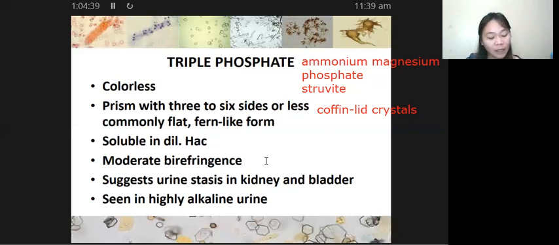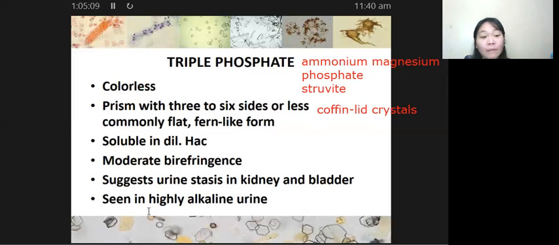And when it comes to its birefringence, it is moderate. Okay? The presence of your triple phosphate suggests urine stasis in the kidney as well as in the bladder. So it is commonly seen in highly alkaline urine.